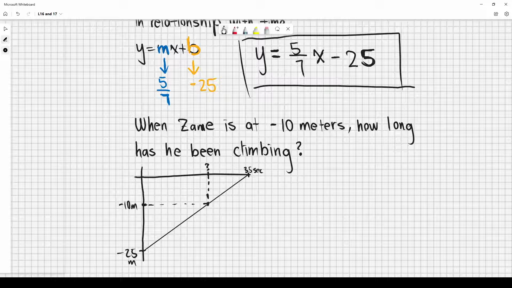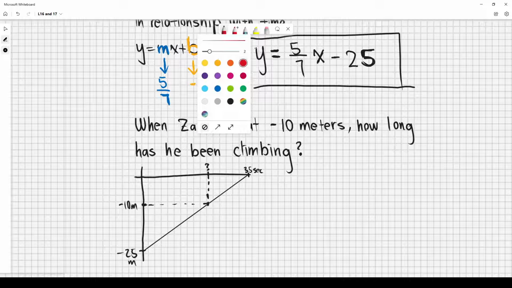So perhaps I can make this a bit clearer. This here is elevation, and this here is time.